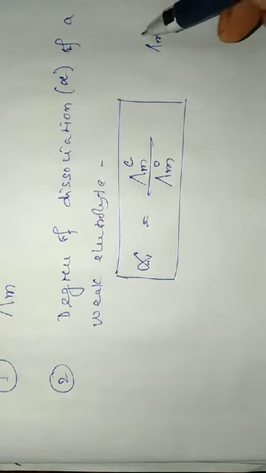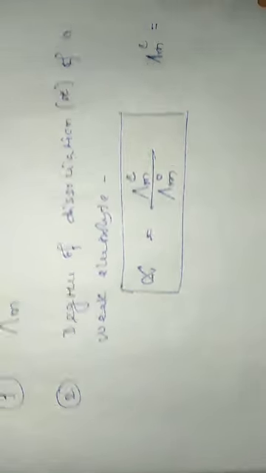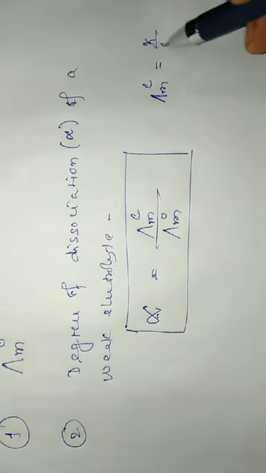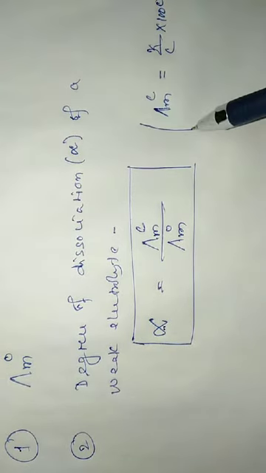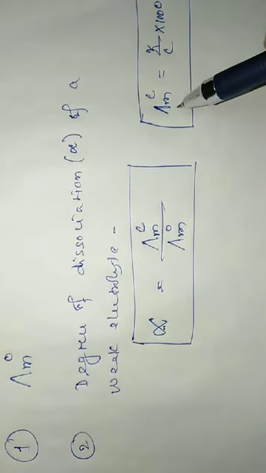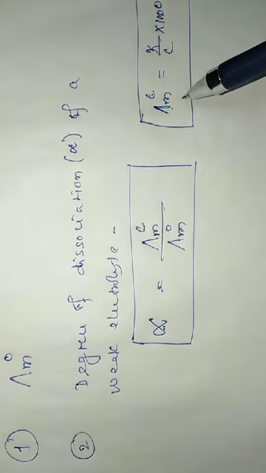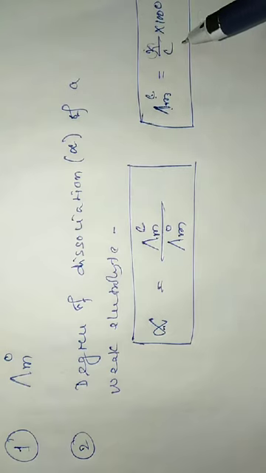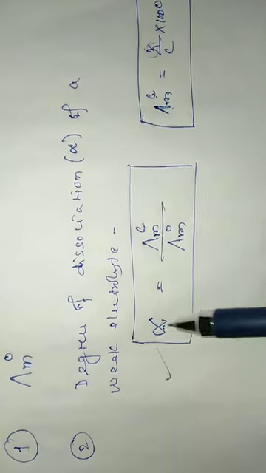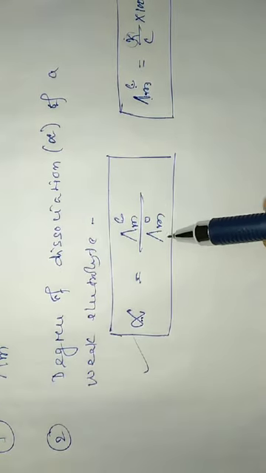Lambda mc is equal to kappa divided by C into 1000. Lambda mc means the molar conductivity of an electrolyte at any concentration C. So lambda mc find out करने के लिए the conductivity of the solution and the concentration of the solution must be supplied. So this is the mathematical relation to find out the degree of dissociation of an electrolyte.